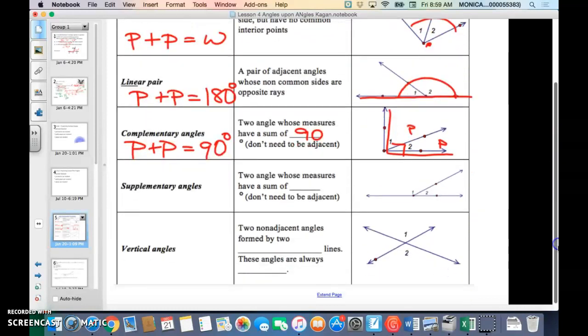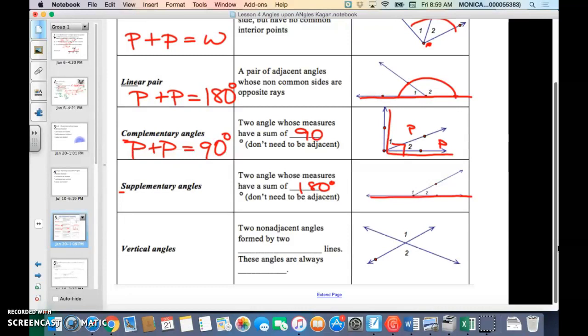Supplementary, the way I remember the difference between supplementary and complementary is C is smaller in the alphabet than S. And supplementary, you're going to make a straight line again. So you should see that supplementary and linear pair essentially mean the same thing. The key distinction is that supplementary angles don't need to be adjacent.